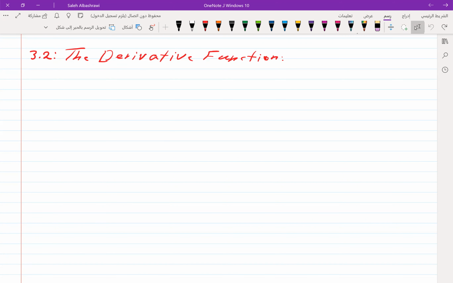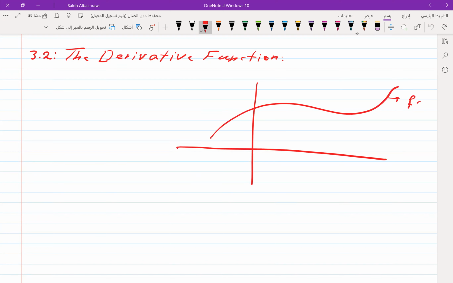So if we have a function, this is f of x. If we take the difference between two points on the curve, let's say f of a and f of b, then f of b minus f of a divided by the distance between b and a will give me the average change of the function between the two points.